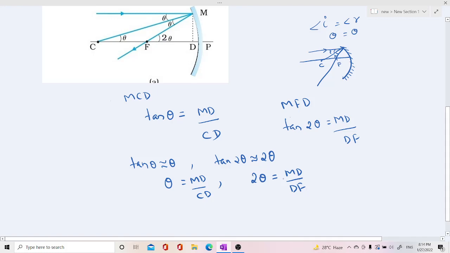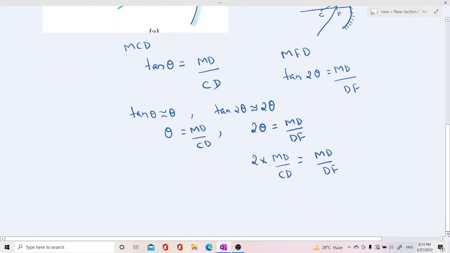In this equation, we substitute the value of theta, that is, 2 into MD divided by CD is equal to MD divided by DF. That is, 2 into MD divided by CD is equal to MD divided by DF. On both sides we have MD, so we can cancel.